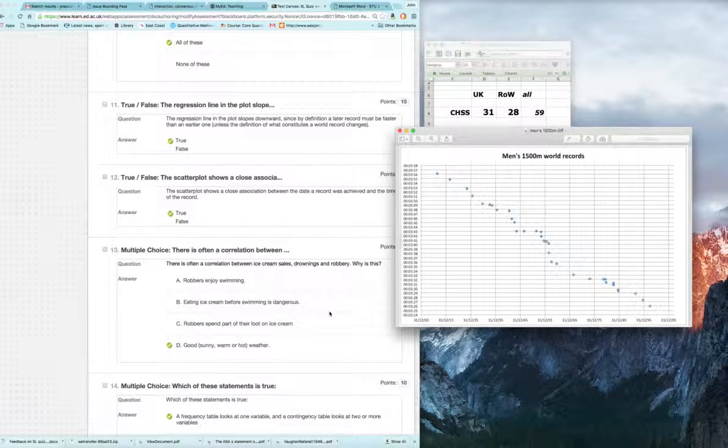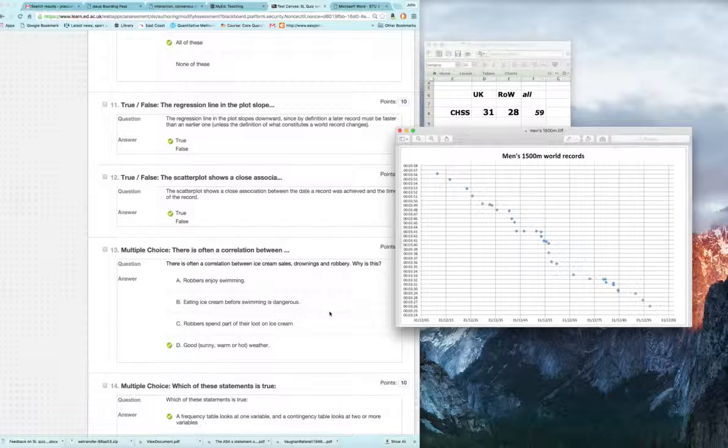The correlation between ice cream sales, drownings, and robbery, well, we've gone through this in the lecture. It's nothing to do with any correlation at all between any of these three things. It's about the way in which they are themselves a function of, amongst other things, good weather. In good, sunny, warm weather, there's more people around, out and about, easier to rob. If they're out and about, their houses are also easier to rob.